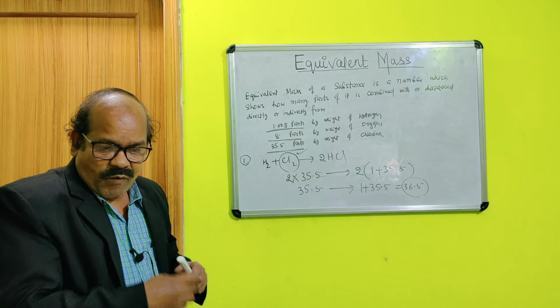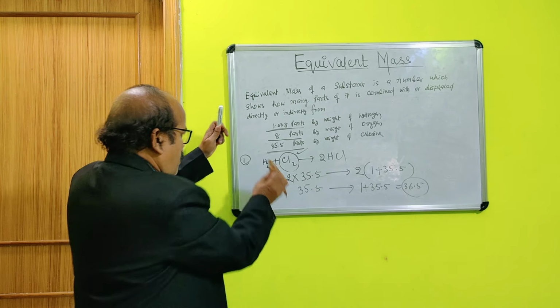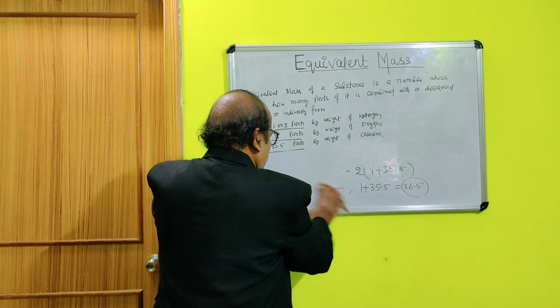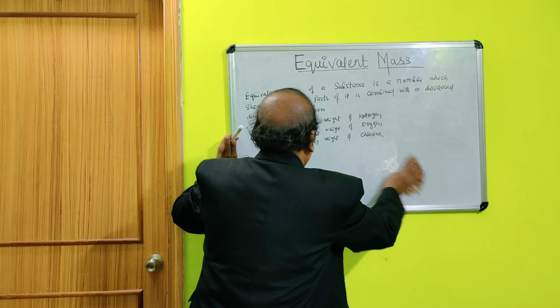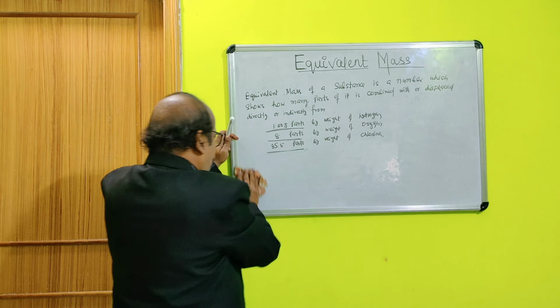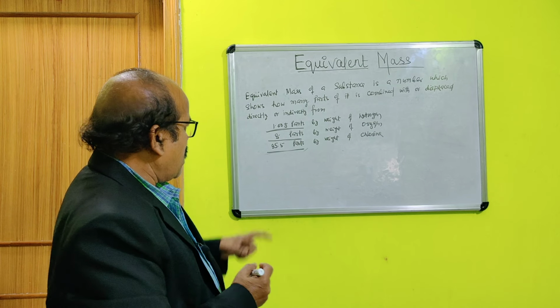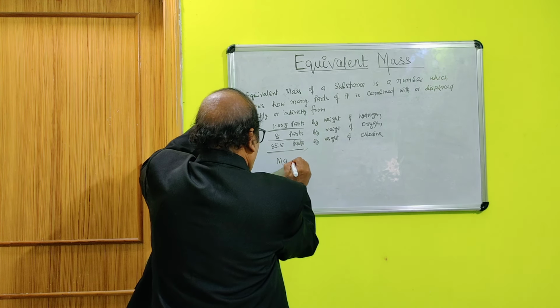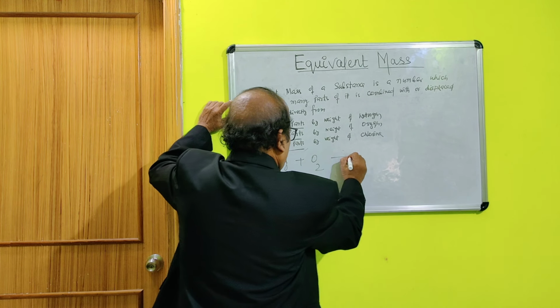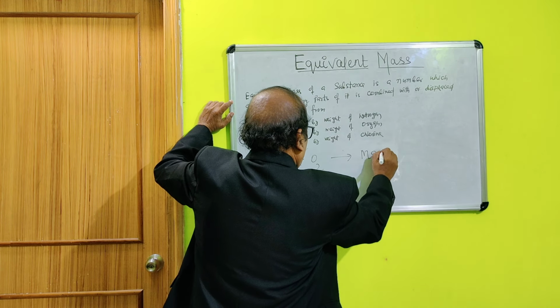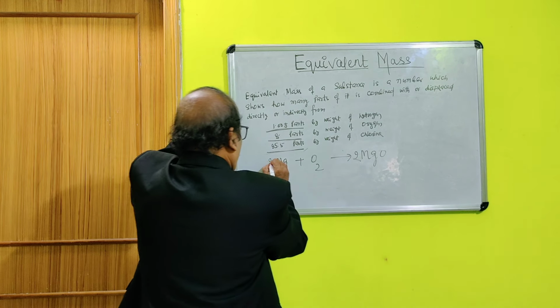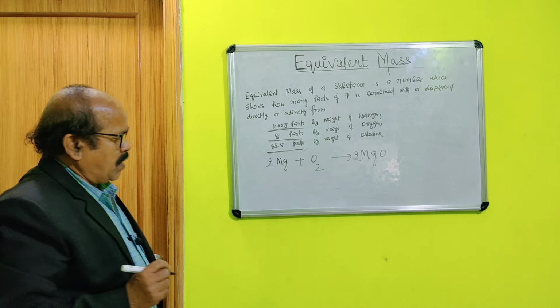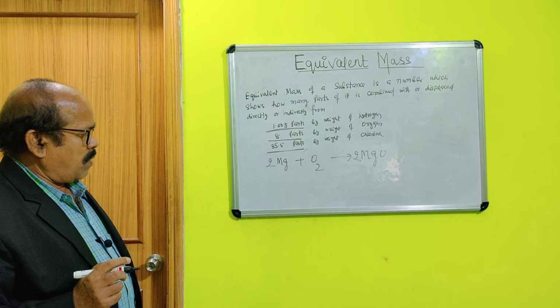I shall take one more equation, but for determining equivalent mass, hydrogen, chlorine and oxygen are a must. Otherwise you cannot find out by this method. Suppose we have magnesium combines with oxygen, it will give rise to magnesium oxide. 2 Mg will combine with oxygen to give rise to 2 MgO.